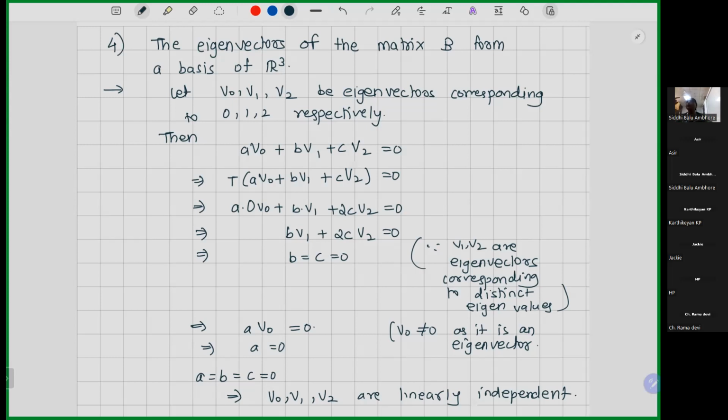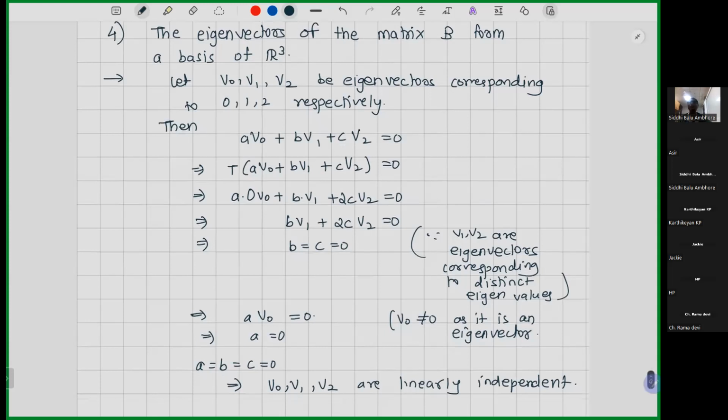For example, for the identity matrix, 1, 1, 1 are 3 eigenvalues. They were not distinct, but it has 3 eigenvectors. I mean, we can take 3 distinct eigenvectors and it will form a basis. So if an n cross n matrix has n eigenvalues, need not be distinct, then its eigenvectors form a basis.